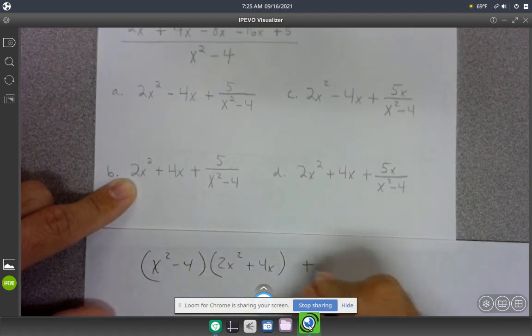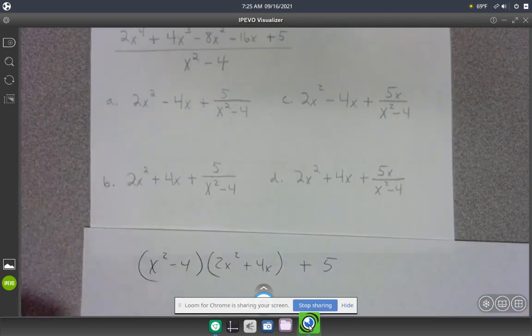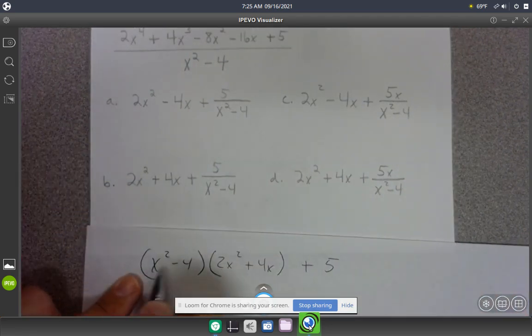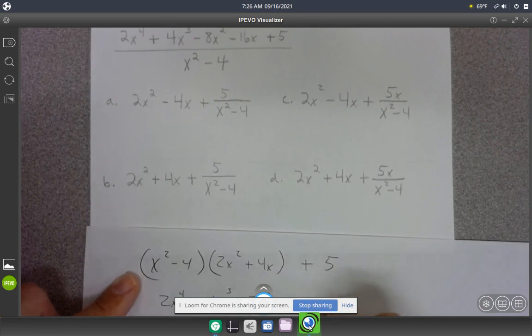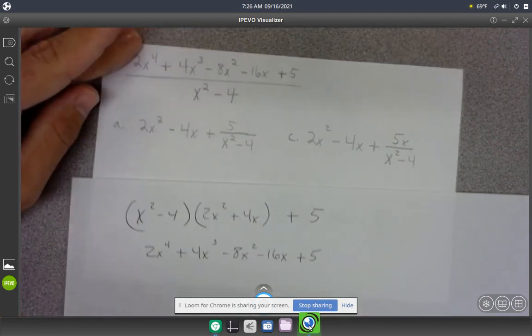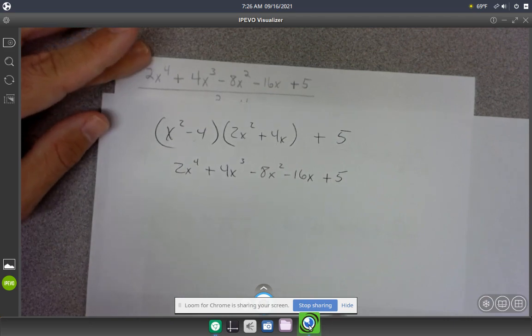So I get a plus 5 there. x squared times that is 2x to the 4th. x squared times that will be 4x to the 3rd. Negative 4 times that will be negative 8. Negative 4 times that will be negative 16. And then bring down the 5. And then we should see a perfect match.